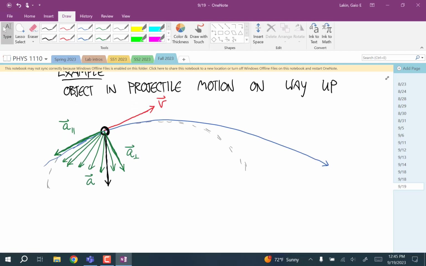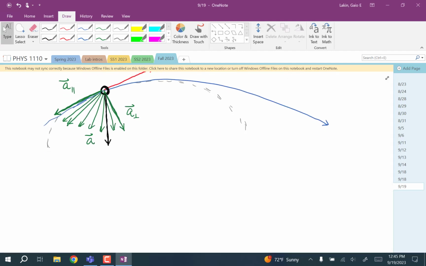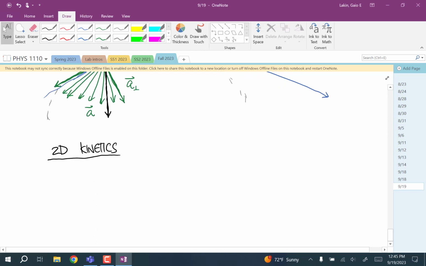So now we're going to be getting into 2D kinetics. So who remembers the definition of kinematics? Remember, kinematics is describing motion without causes.